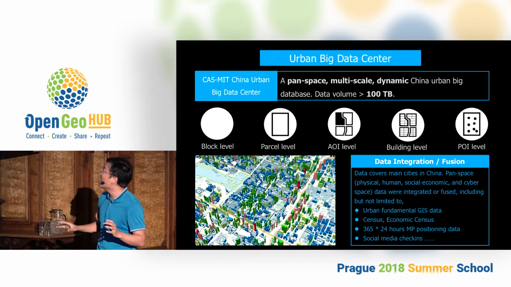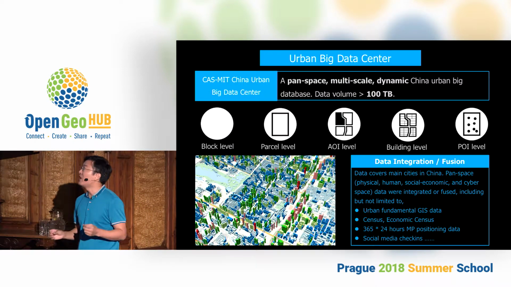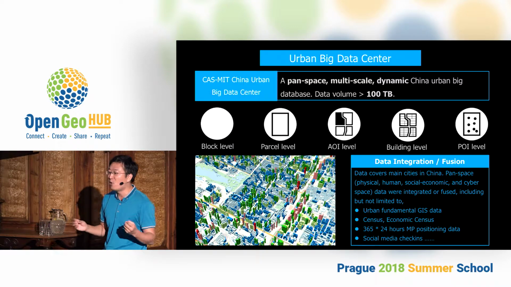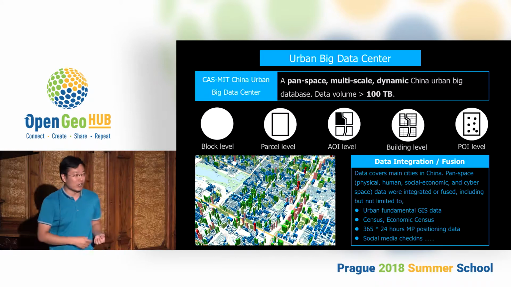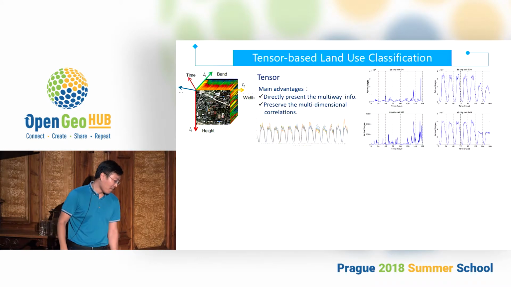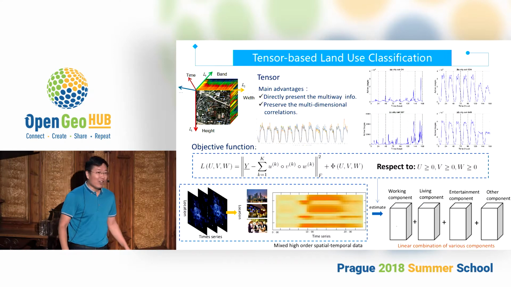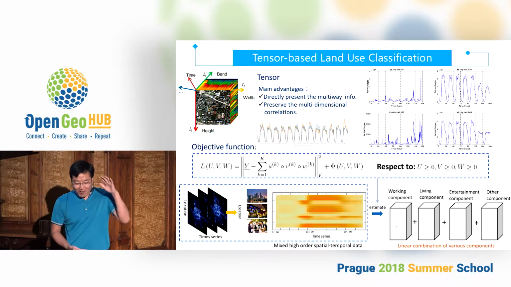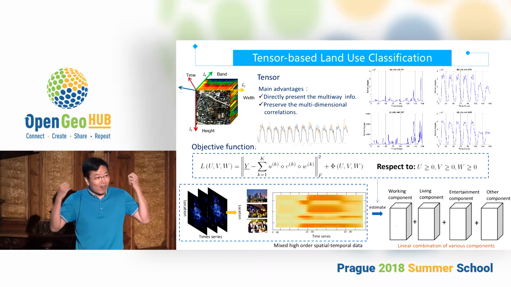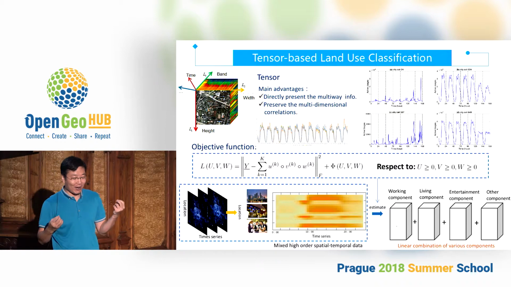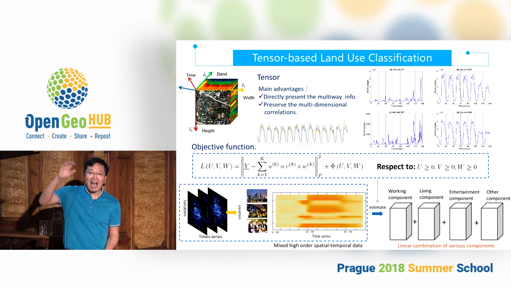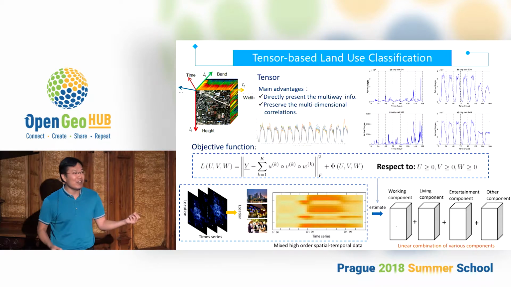For example, the mobile phone positioning data for each land parcel tells how many people are active in each land parcel, and also the social media check-in data. For each land parcel we have a tremendous amount of data. They have very high dimension.